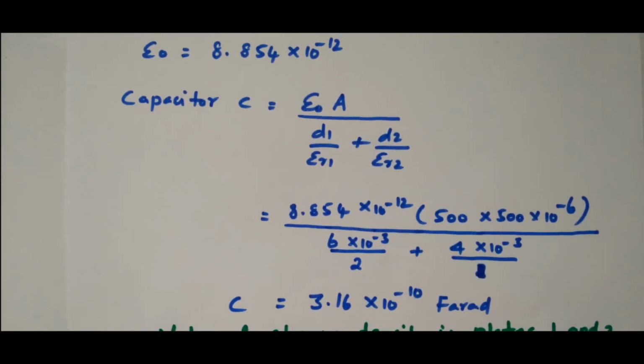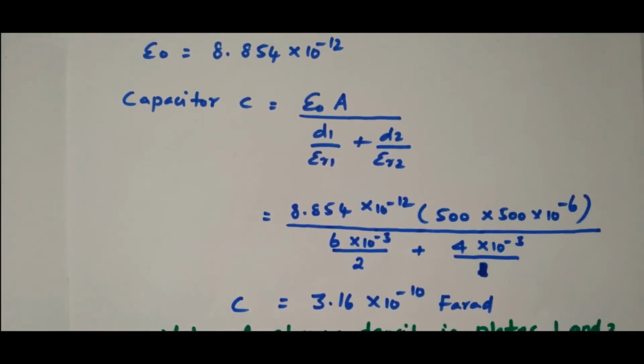So the capacitance with two dielectrics is nothing but epsilon naught A divided by d1 divided by epsilon r1 plus d2 divided by epsilon r2, right? Now we'll substitute these values. Epsilon naught is 8.854 into 10 to the power minus 12, right? What is the area? 500 into 500 into 10 to the power minus 6, right? This is the first dielectric, the thickness is 6 into 10 to the power minus 3, and the permittivity value is 2.